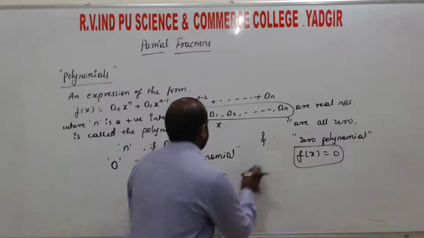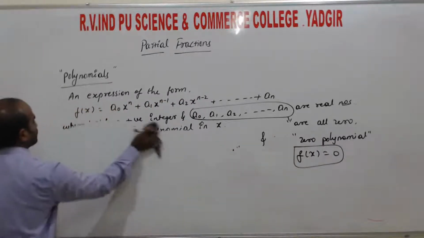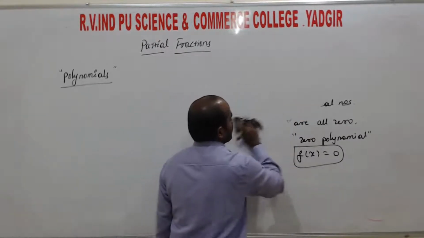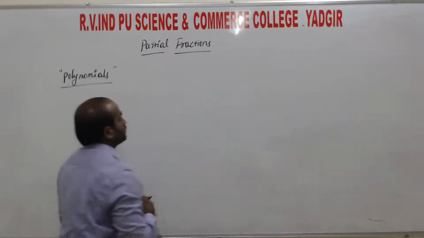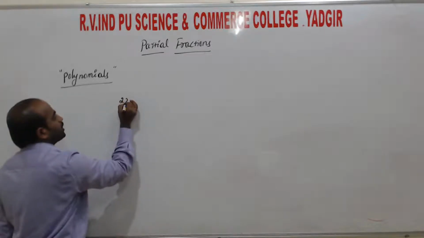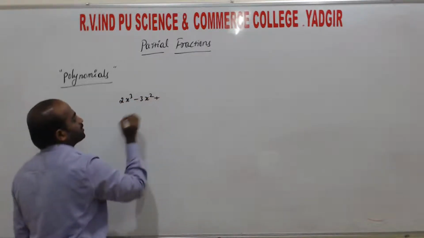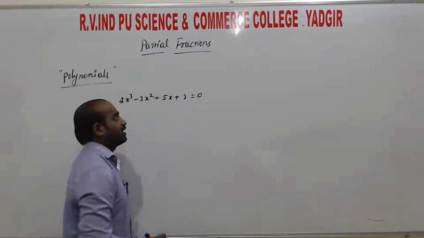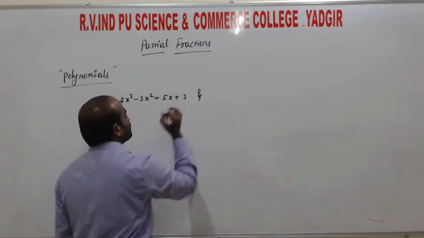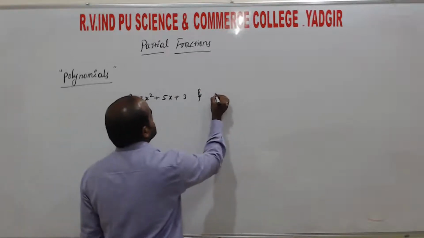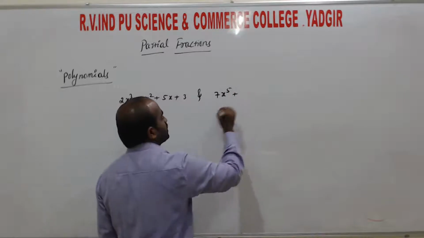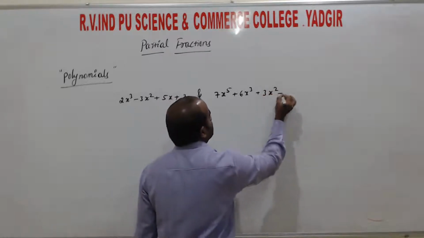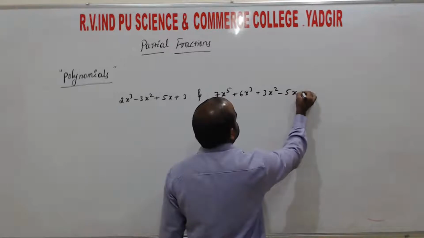Next, for example, 2x cube minus 3x square plus 5x plus 3, then 7x to the power 5 plus 6x to the power 3, and 3x square minus 5x plus 7.